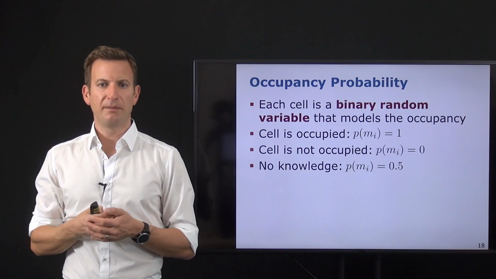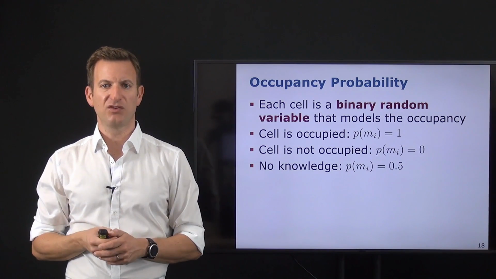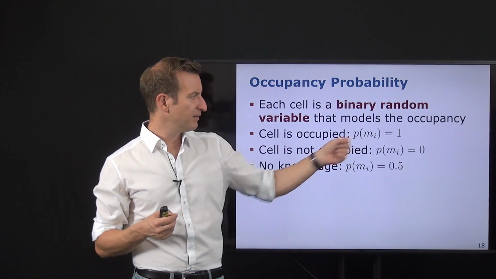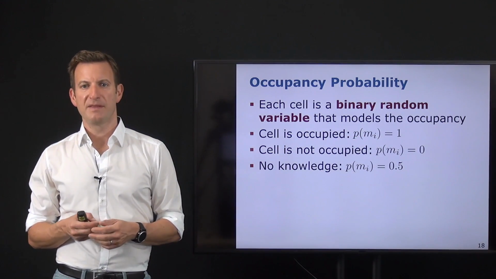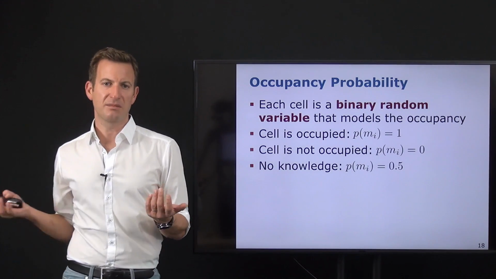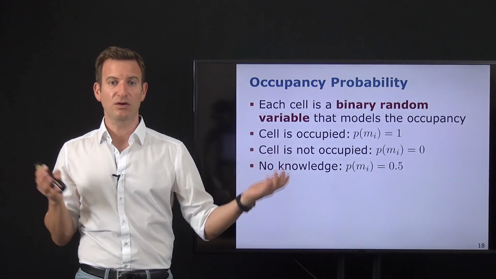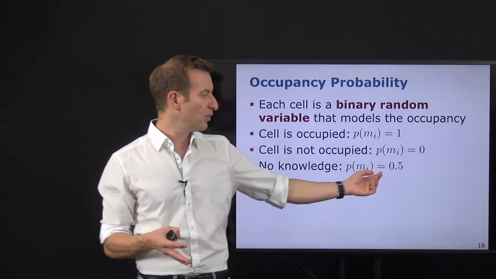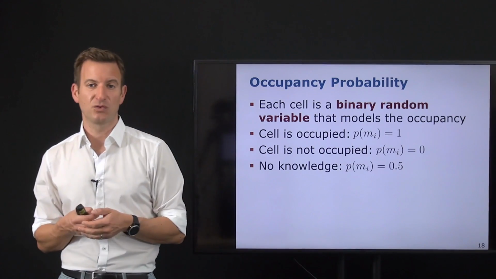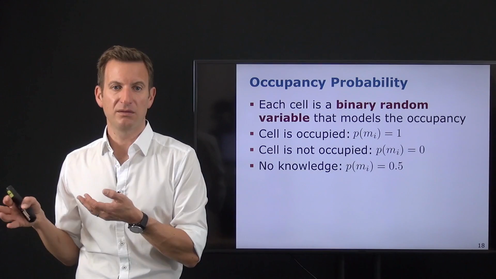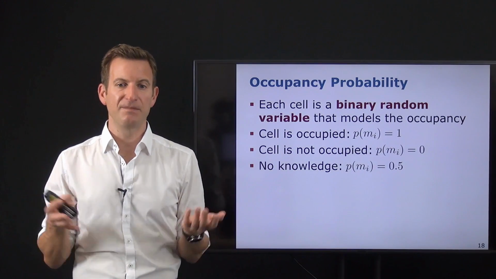Okay, so a binary random variable, let's just consider one cell here for the moment. It means a cell is definitely occupied, P of mi equals 1. If the cell is not occupied, it's P of mi equals 0. And if we don't know anything about it, we say, actually we don't know if it's free or occupied, both happen with the same probability. Then we may represent this with 0.5. So we don't know anything about it, and the prior probability of being occupied or being free is identical.